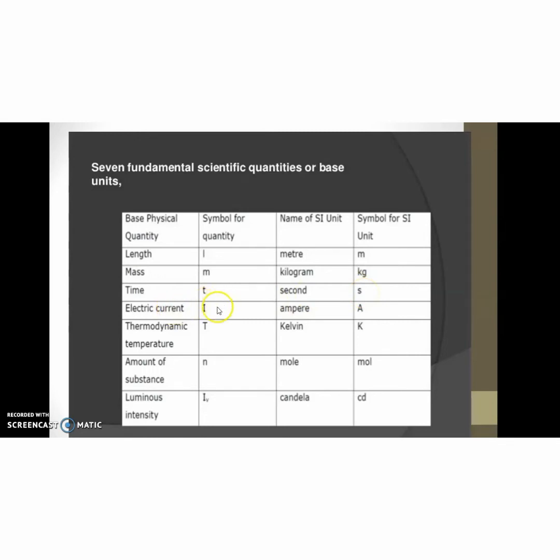Electric current, I. In SI unit we use ampere, that is A. Thermodynamic temperature, T. In SI unit it is the Kelvin scale, and we use the symbol K. Amount of substance, n. In SI unit we use mole, and the symbol is mol. Luminous intensity, in SI unit we use candela, that is cd. So these are the 7 fundamental basic quantities.